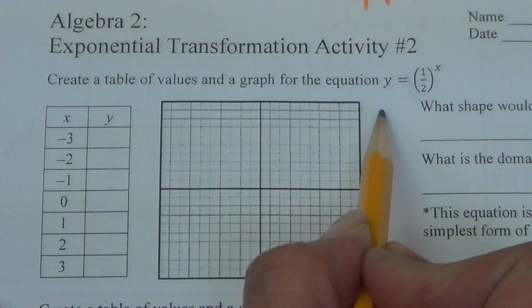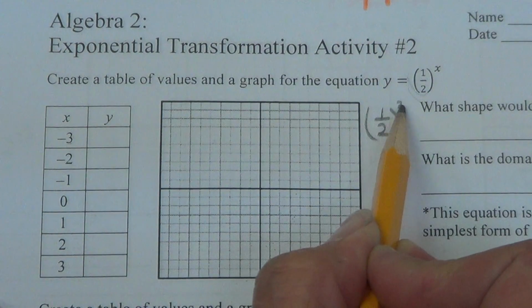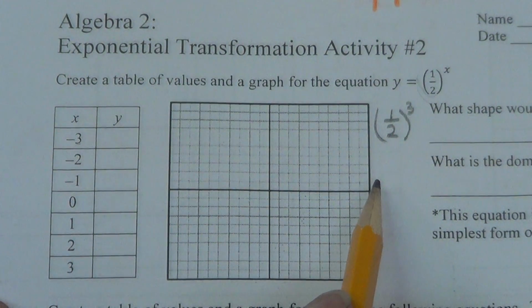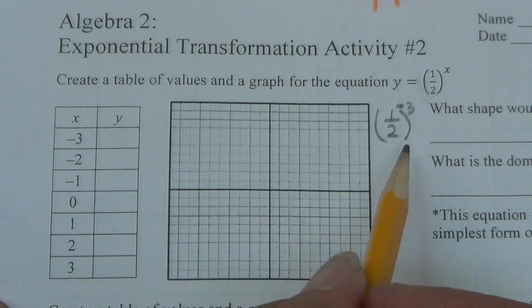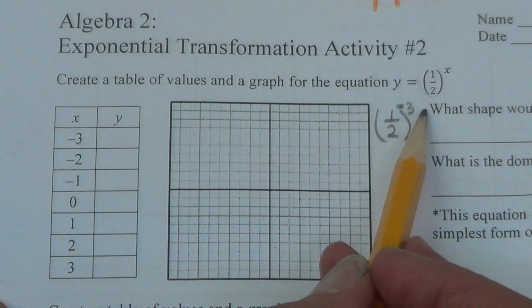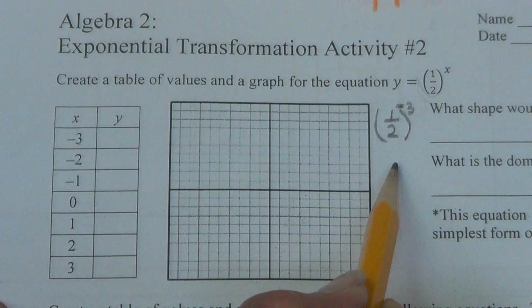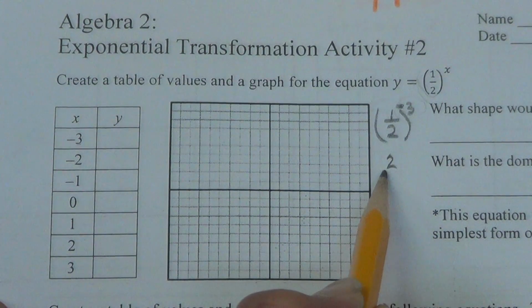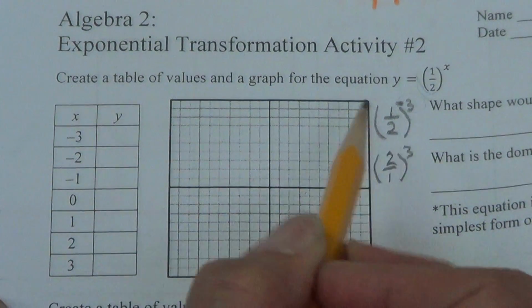So 1/2 raised to the negative third, in order to satisfy that negative exponent and make it usable, we flip this 1/2. So it becomes 2/1 to the positive third.